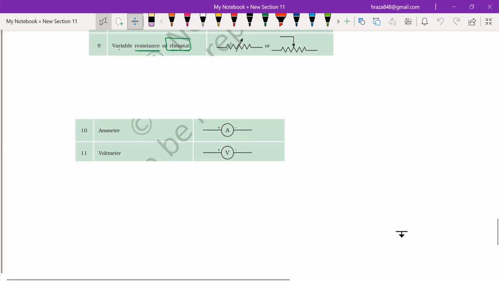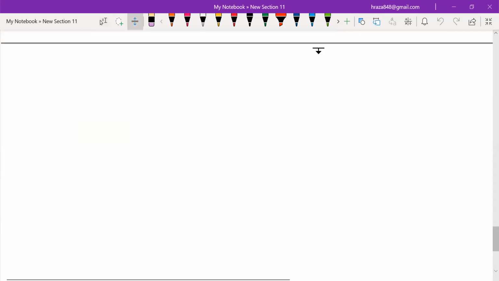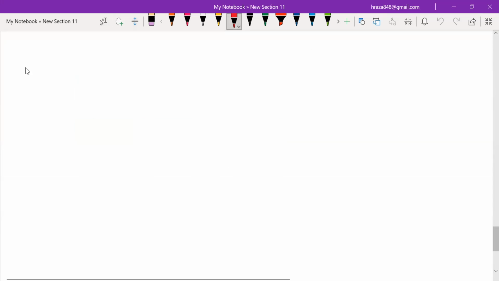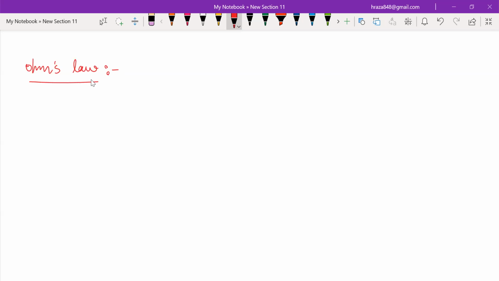Now we are going to start a very important law of this chapter, that is Ohm's law. I'm going to write a point about this, then I'll explain.